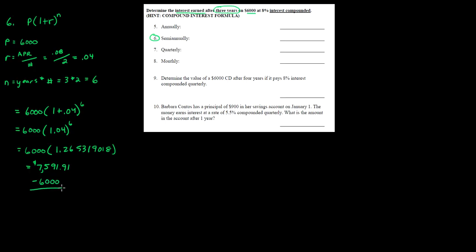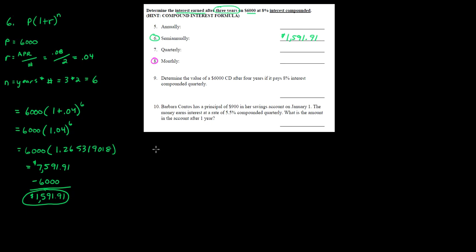Once I subtract it, it'll tell me how much my account actually went up and I earned in interest. So that's $1,591.91. So this is actually my answer that I need for right here, $1,591.91.